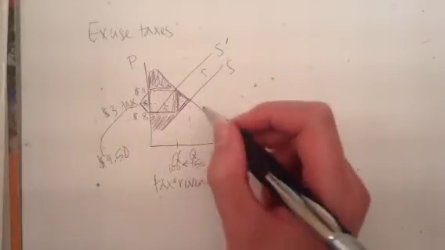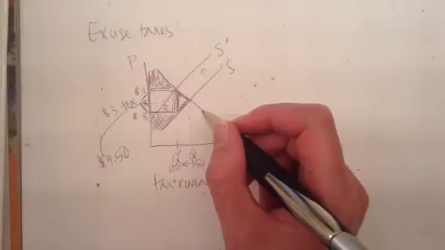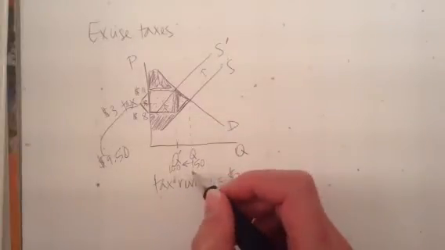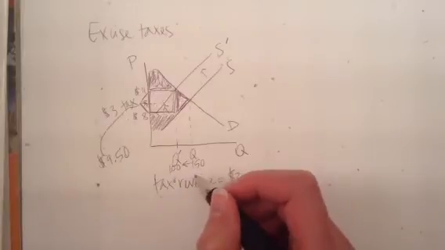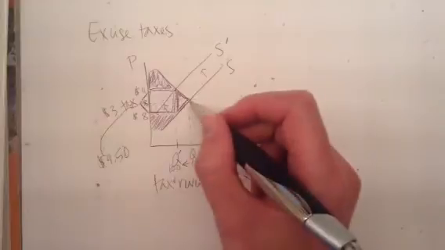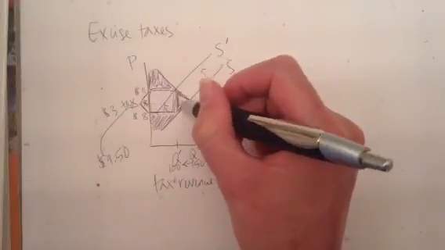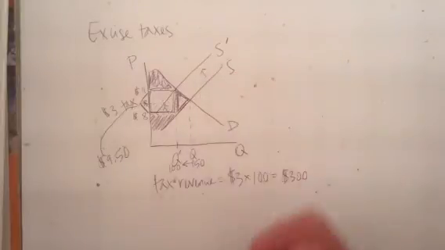The formula for the area of a triangle is 1/2 base times height. So basically, you've got 150 minus 100, which is going to be 50. So you can just cut that in half and take 25 times 3 to get $75 as the area of this triangle, or the value of your deadweight loss due to the excise tax on cigarettes.